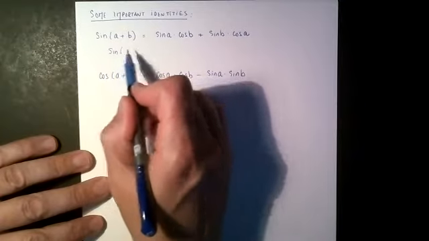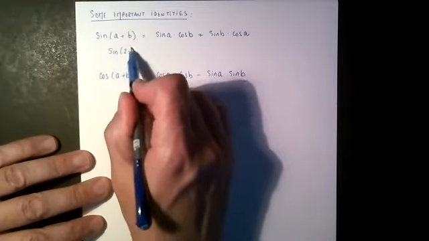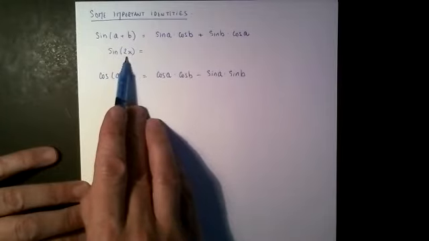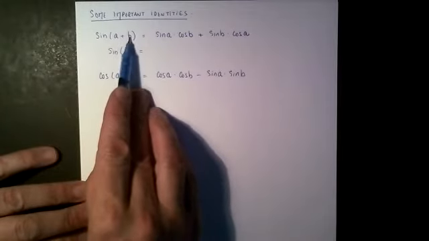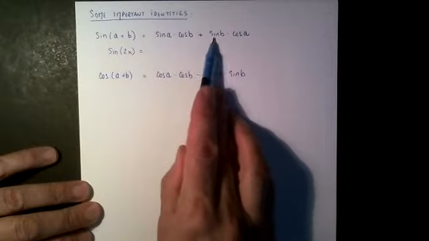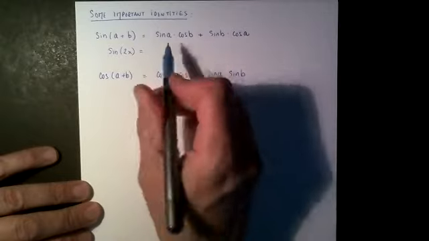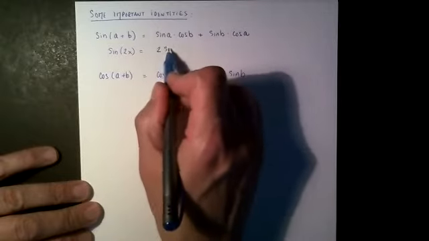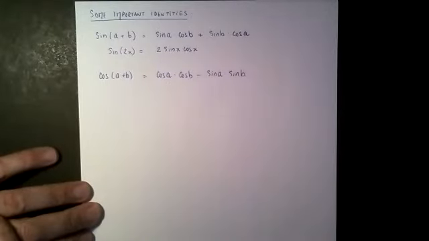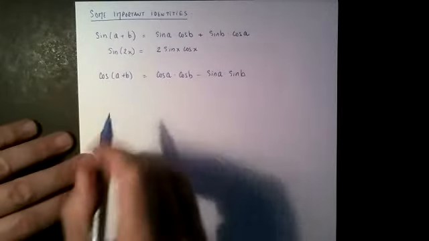Just one consequence of this. If I do sine of 2x, what's it going to be? Sine of 2x is like sine of x plus x. So it will be sine x cos x plus sine x cos x, so it will be 2 times sine x cos x. That's a consequence of this. And same here.